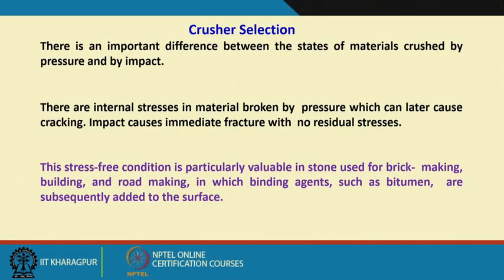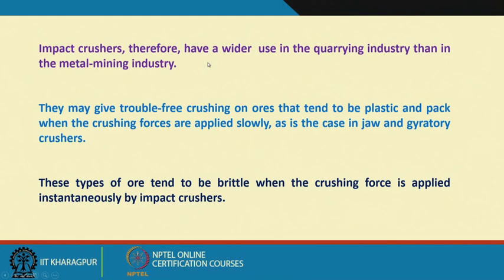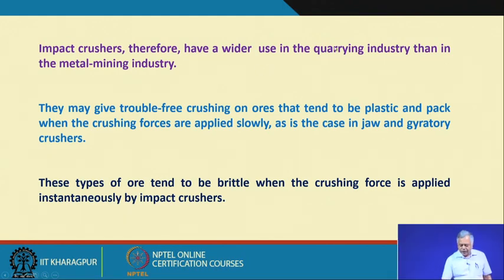Same thing with the brick making processes, because it will consume more water. Even for building purposes, material will be weaker. Impact crushers therefore have a wider use in the quarrying industry than in the metal mining industry. They may give trouble free crushing on ores that tend to be plastic and pack when the crushing forces are applied slowly, as is the case in jaw and gyratory crushers.